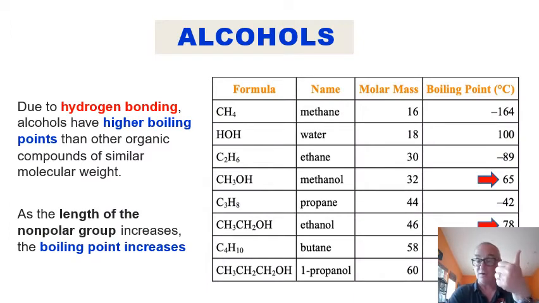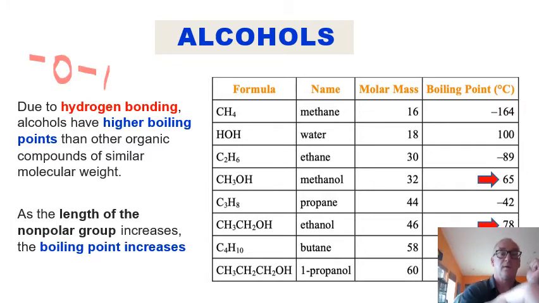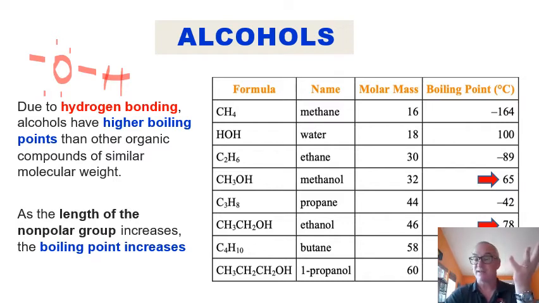Now, alcohols can hydrogen bond because they've got an oxygen directly attached to a hydrogen, just like water does. And so they can hydrogen bond with each other. And because of that, they have a much higher boiling point than typical organic compounds that are similar to them. Like for instance, if you look at methane, methane has a very, very low boiling point, minus 164 degrees.